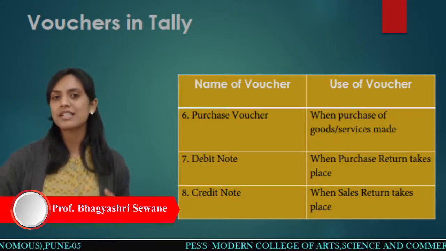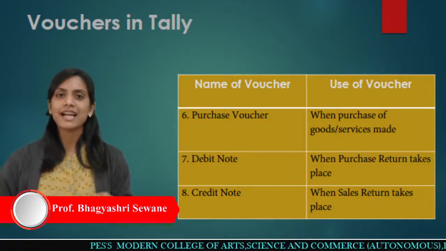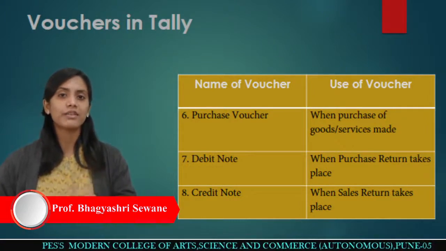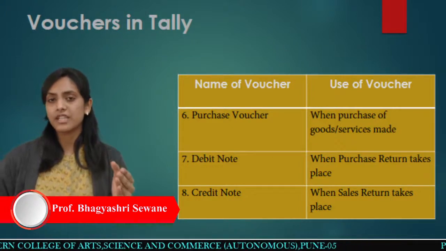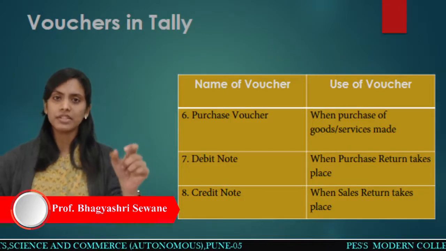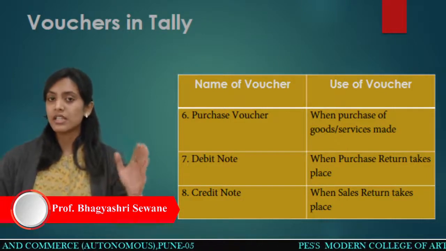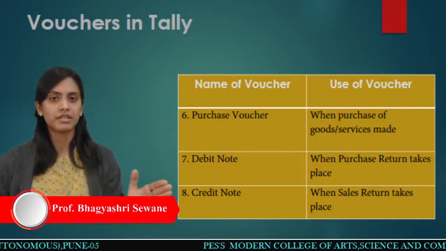The next voucher is the debit voucher, the debit note. In the debit note, exactly the purchase return you have to record. Means in the case of a purchase transaction, what will be the entry? Purchase account debited to cash or any party account. So here, which account is debited? Purchase account is debited, right?